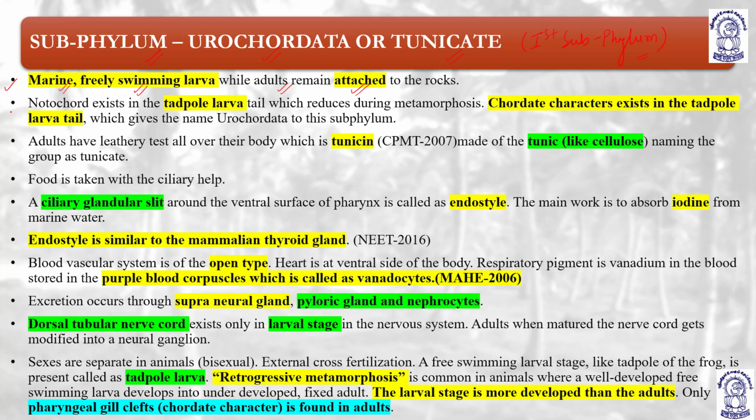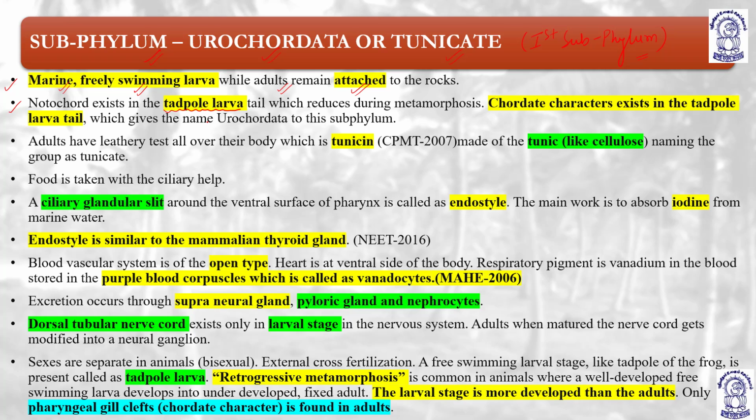Second, notochord exists in the tadpole larva. Their life cycle has a larva which looks like a tadpole, and that is why the larva is known as the tadpole larva. So notochord exists in the tadpole larva tail.